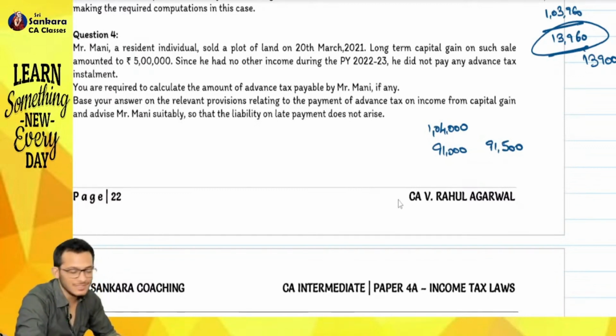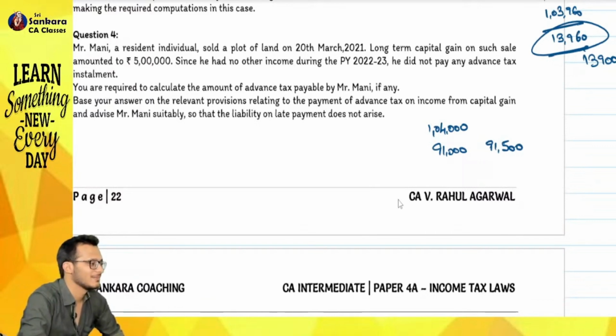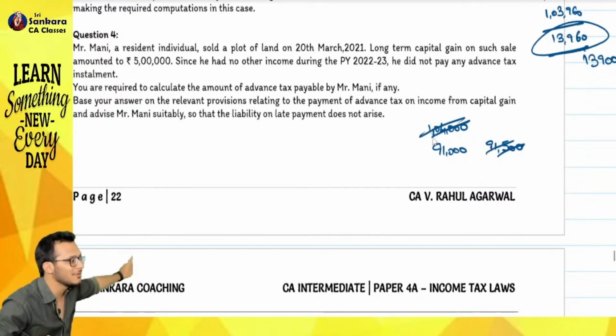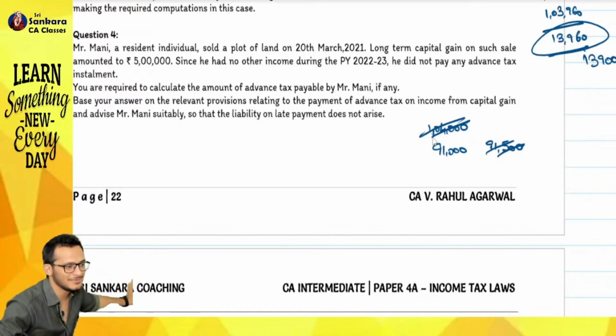No, let's convince everyone it's 91,000. 91? So 1,04,000 is out. 91,500 is out. Anyone still with 91,500? All in 91,000.